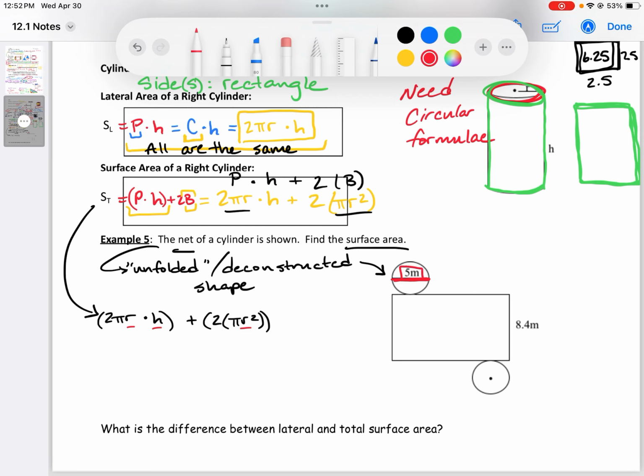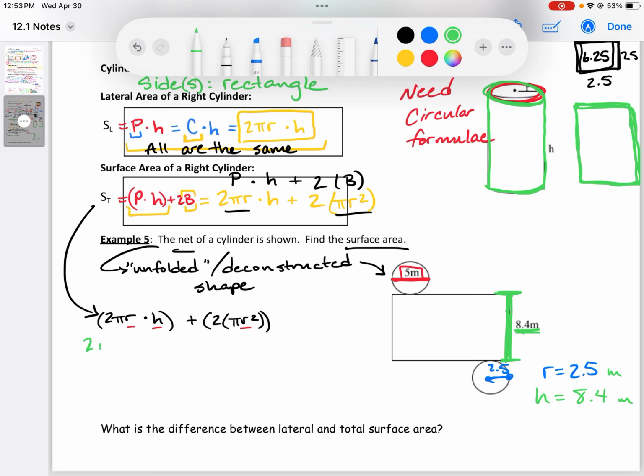So all the way across this circle is 5, which means the radius should be halfway across the circle. Half of 5 is 2.5. So radius equals 2.5. And then our height is our distance between our two bases. So if I folded this shape back up, the two bases would be 8.4 meters away from each other.